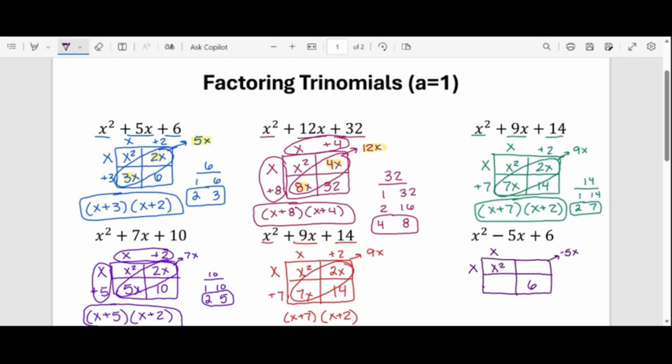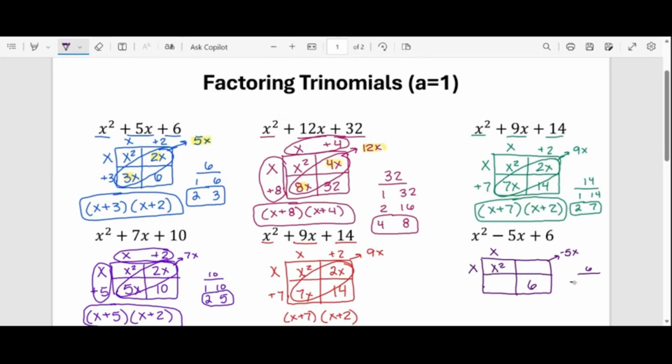Now we're going to have to multiply two numbers together to get positive 6, but those two numbers are going to have to add up to negative 5. So if we're multiplying to a positive number and adding to a negative number, both of those numbers are going to need to be negative because a negative times a negative equals a positive, and a negative plus a negative equals a negative.